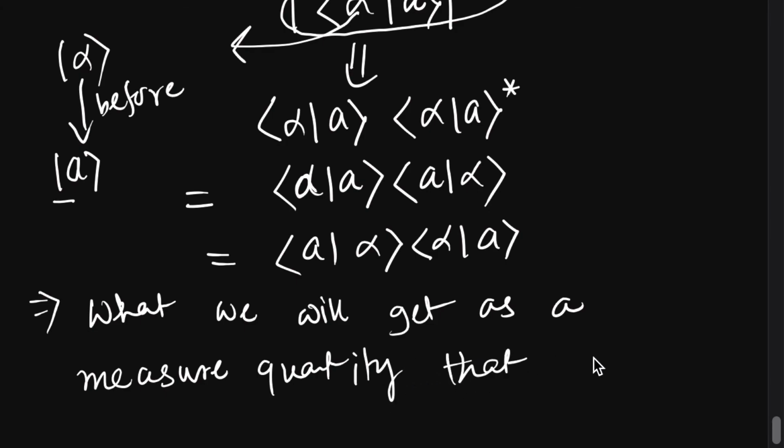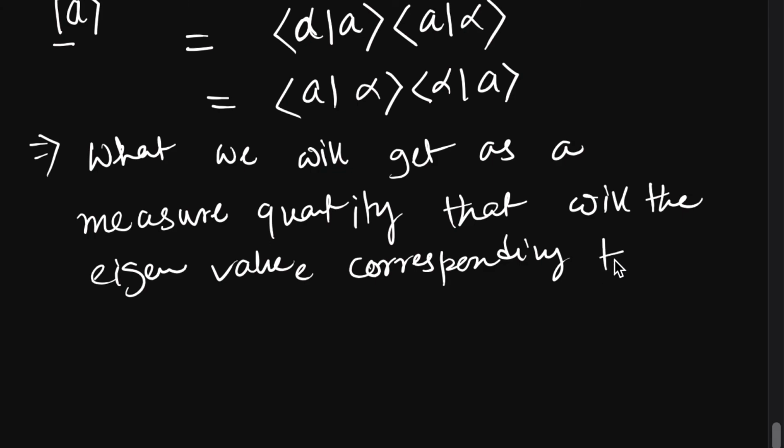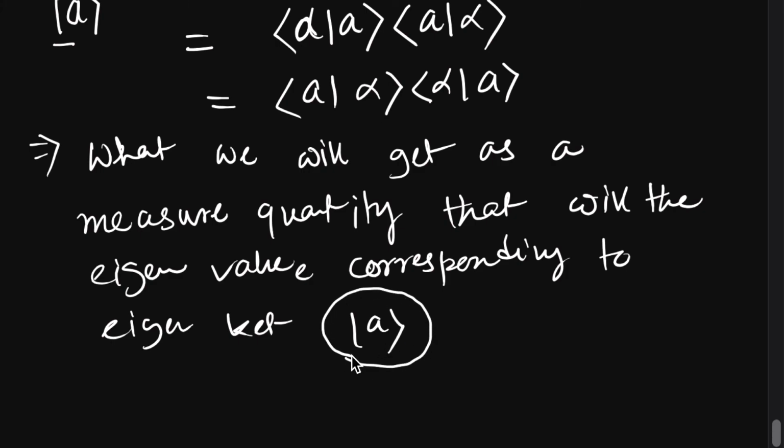That will be the eigenvalue corresponding to eigenket |a>. So we will measure, as the measured quantity, the eigenvalue corresponding to the eigenket |a>.